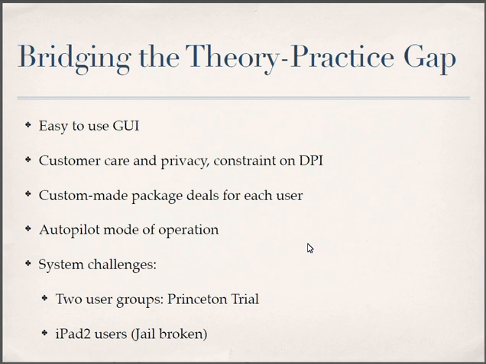And lastly, and most importantly, the challenge that came was from Apple's restriction on the kind of applications that can be developed by third-party vendors. As a result, we had to create two groups of users, one for the basic version of the Tube application without the autopilot mode that will run on the iPhones of the Princeton participants, and the second group of users will have the full-fledged version of the Tube application with the autopilot mode, and this will be installed on their iPad 2s, which we will be handing out to the participants.